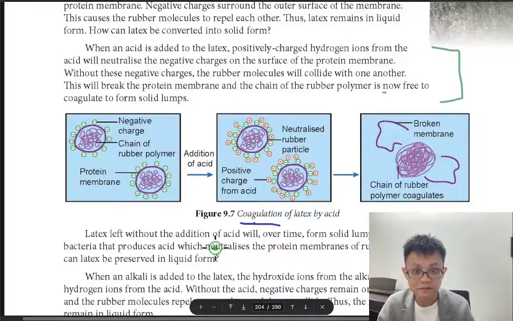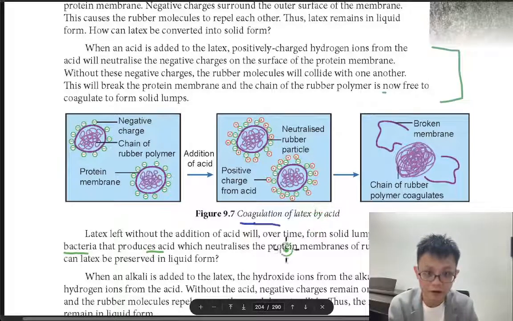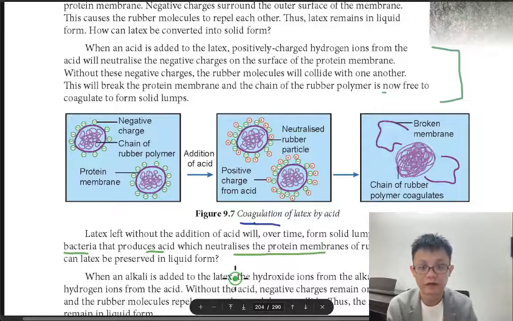Because of the action of bacteria. The bacteria will grow and it will produce acid. So the acid will neutralize the protein membrane molecule and it will cause it to coagulate. So just like because of bacteria will produce acid, acid will.